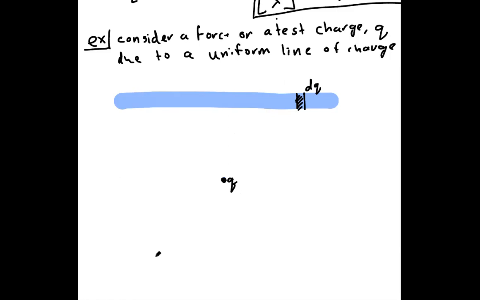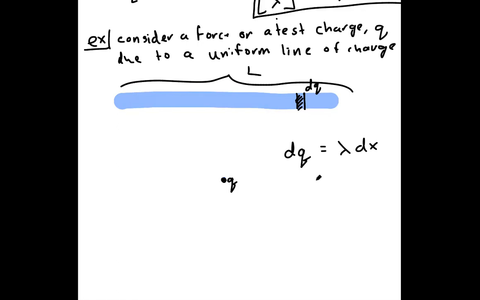So first of all, what I did over here was I put a little dq, and that represents this little tiny piece along this length. And so if we know that the total charge Q is evenly distributed over this length L, we know that dq is equal to lambda times dx, right?